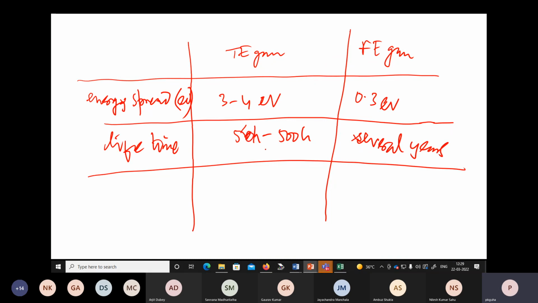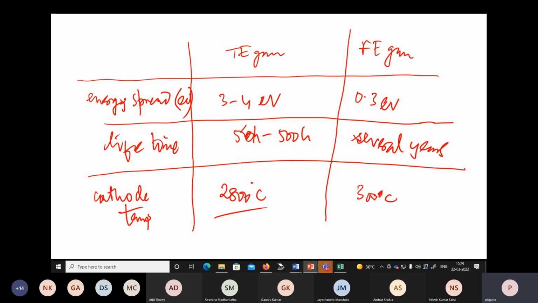And the cathode temperature, or the electron gun temperature, is very high, of the order of 2800 degrees centigrade, whereas here it is around 300 degrees centigrade.